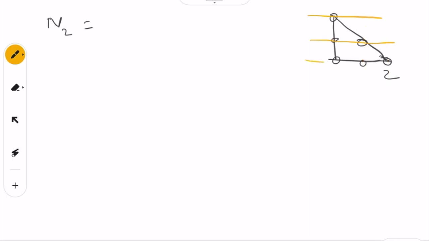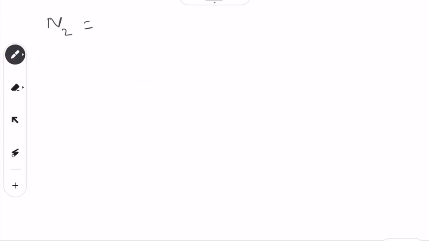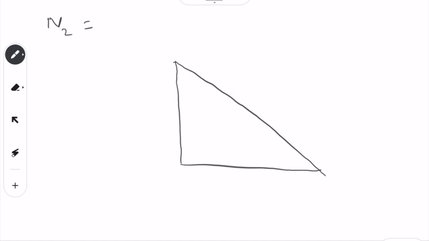Yellow represents how xi2 is moving, so we can write xi. Okay, let's draw a big picture. So let's have like this big picture. Okay, so we have 1, 2 and 3.